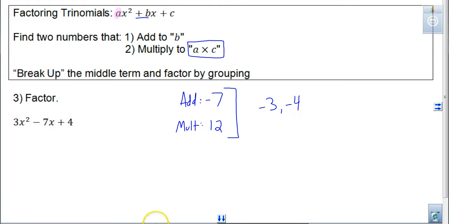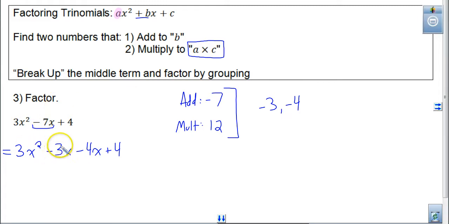Now, similar to before, with factoring by grouping, I'm going to break up this minus 7x into two separate terms using these two coefficients. So 3x squared minus 3x minus 4x plus 4. I haven't in fact changed the expression because minus 3x minus 4x is the same thing as minus 7x.